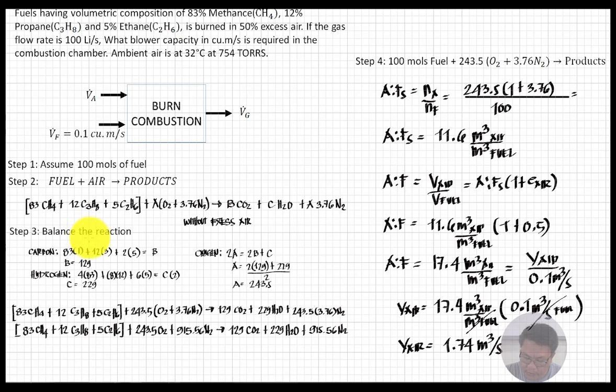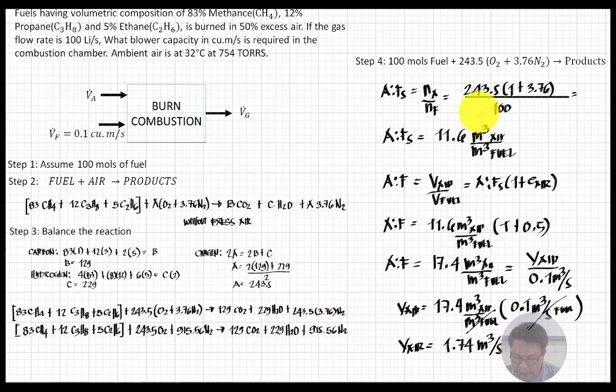From there, we're going to balance the reaction using the mass balance, so we have the values for the products. Then rewriting the combustion formula, substituting the values of your unknowns A, B, and C, we can finally come up with this combustion formula.